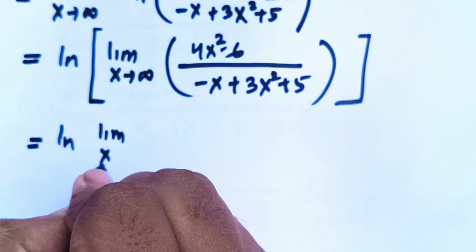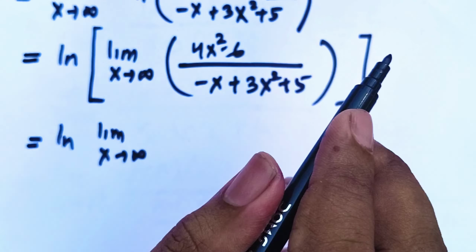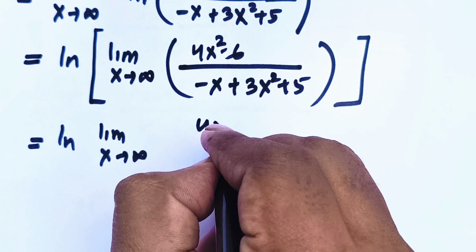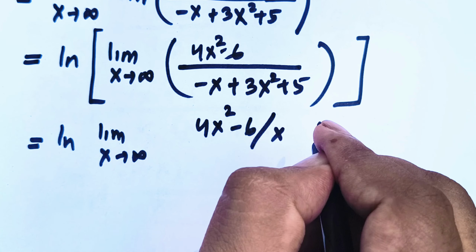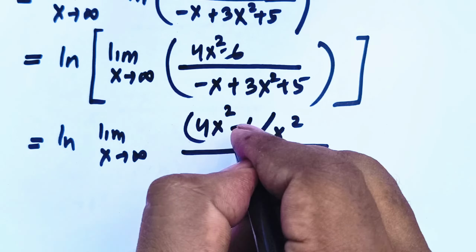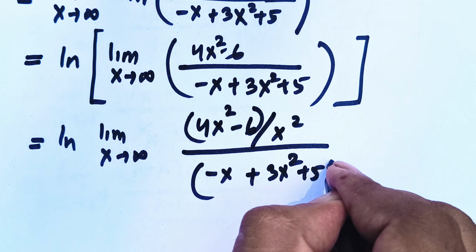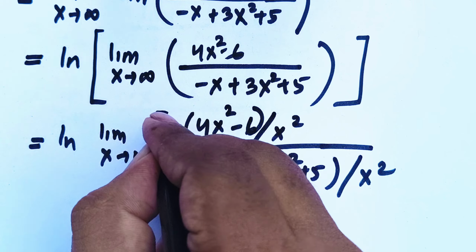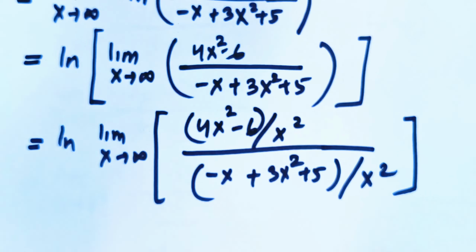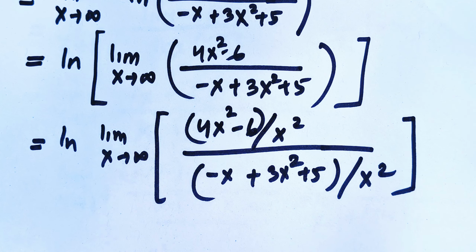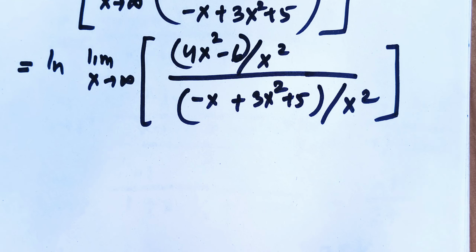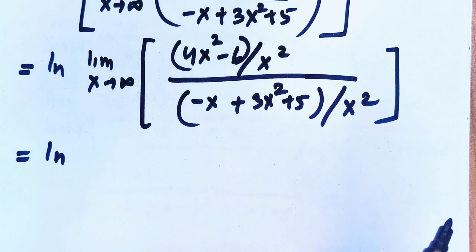But we have had enough of L'Hopital's rule. Let's just divide the numerator and denominator by x square. Because if you apply L'Hopital's rule, you have to apply it twice. But in this method, we will get our limit quickly.